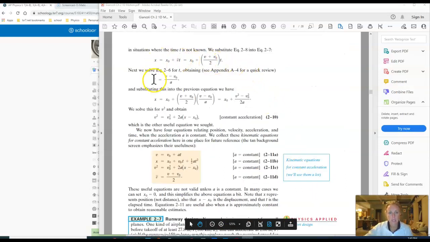And that becomes, here it is, equation 2.10. Final velocity squared equals initial velocity squared plus 2 times a times the displacement. So basically, you've got these four equations at your fingertips to be able to solve constant acceleration problems.